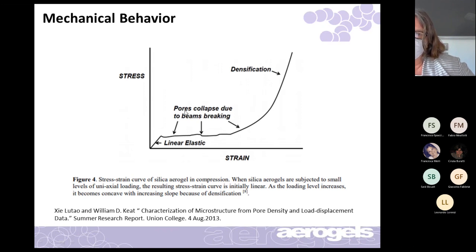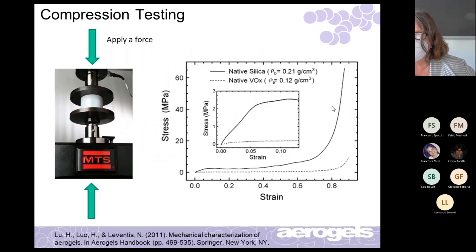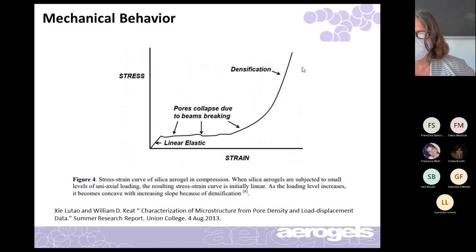Mechanically, you can think of those pores and the pore walls as being beams, and they're breaking. And then you get a behavior like this, which is due to densification. The material is just getting more dense. You have the same mass, but you're crushing it.